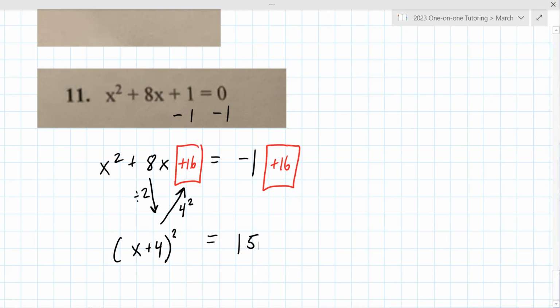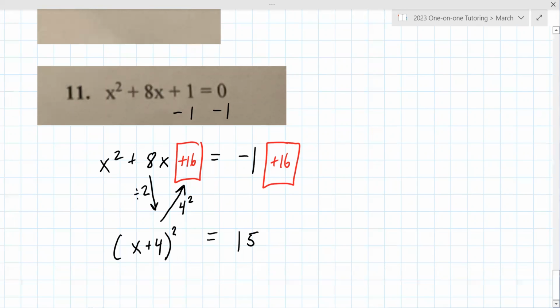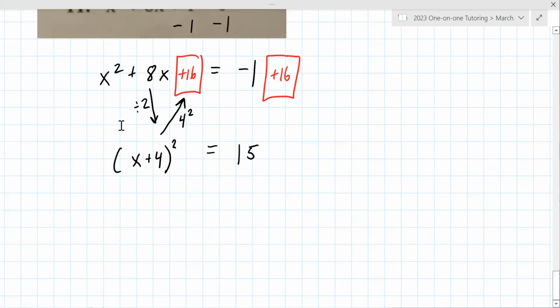All right, so now this problem looks very much like number 5. Can you look back at 5 and tell me what we did to kind of work this problem out? Find the square root of both sides. Yes, square root of x plus 4 squared equals plus or minus the square root of 15.